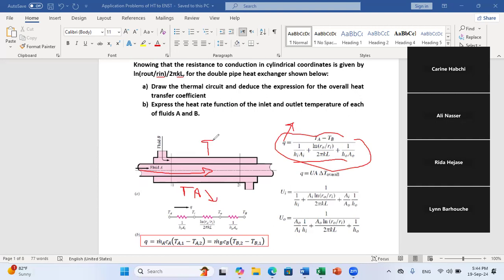That's why in the computation, this delta T here is not straightforward. It's not a constant. And in realistic calculations, they do the analysis for a small control volume.